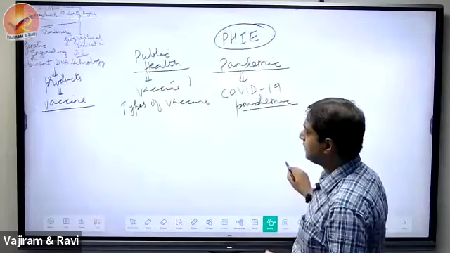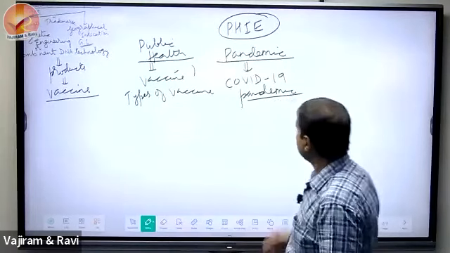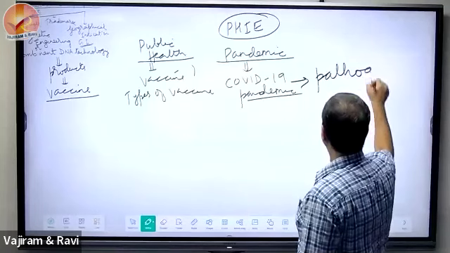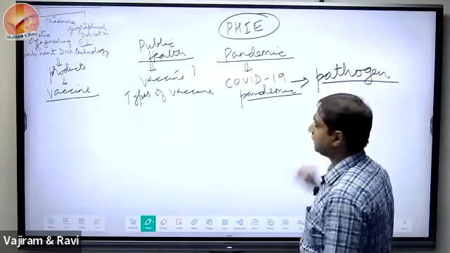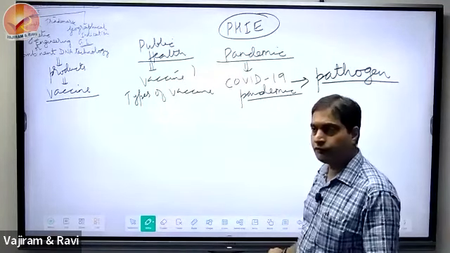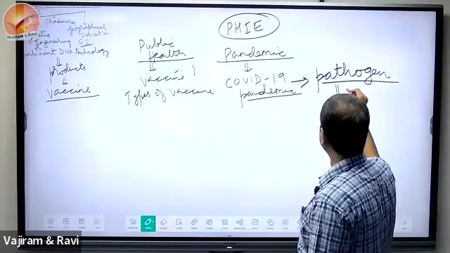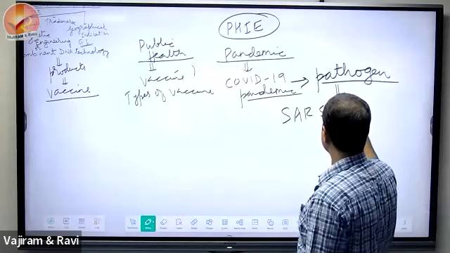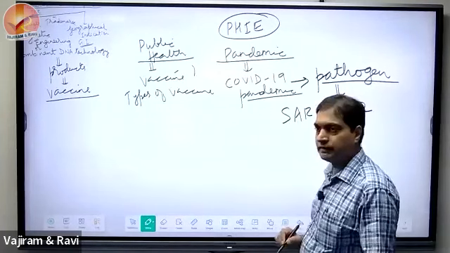So one is the basic understanding: the pathogen means what? Disease causing organism. So the pathogen for this COVID-19 pandemic is SARS-CoV-2, isn't it?